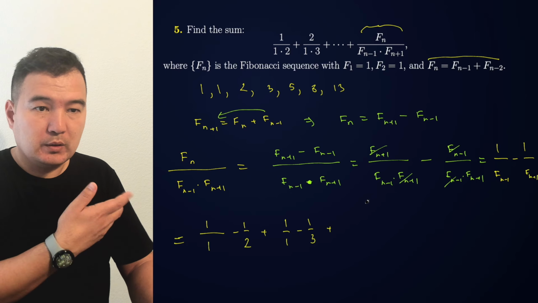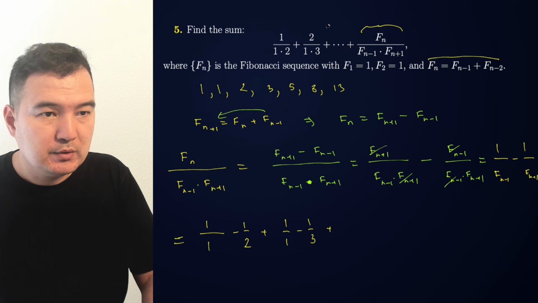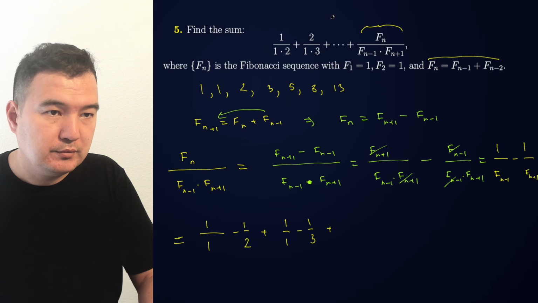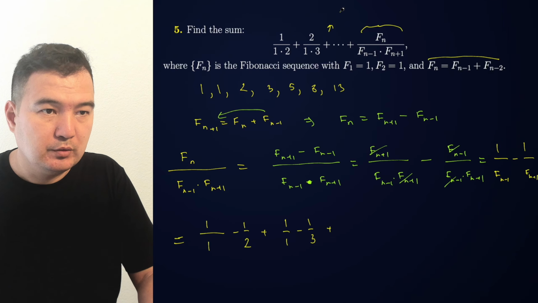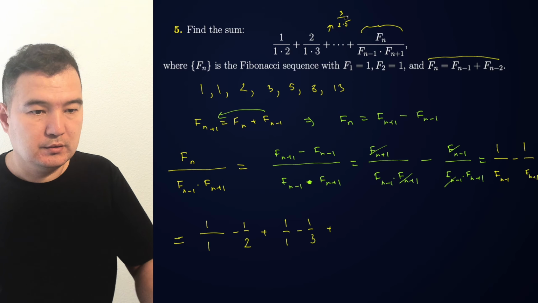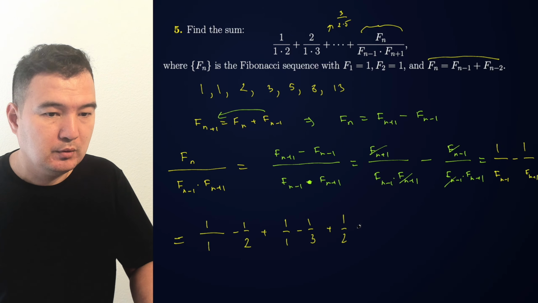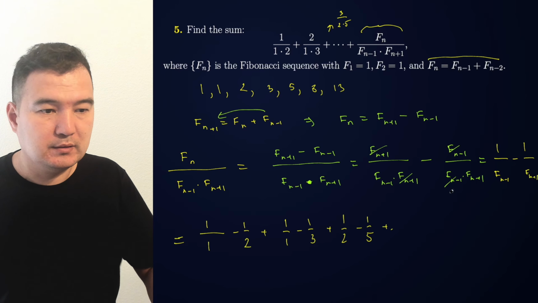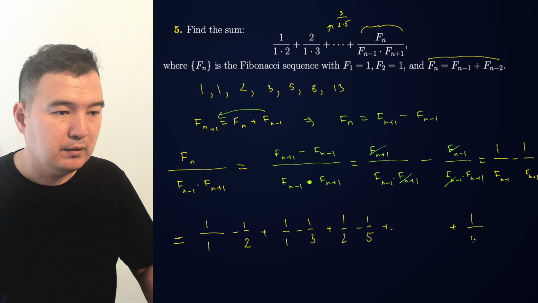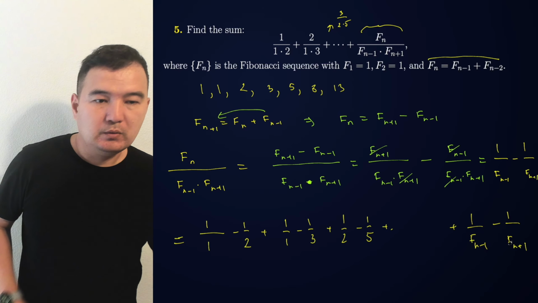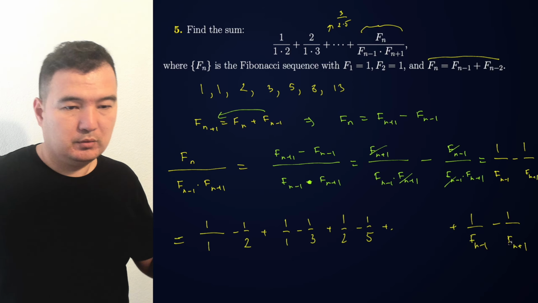And then the next term should be the next Fibonacci term, so the next one is going to be 1 over 2 minus 1 over 5. And so on. The last term I'm going to write as 1 over Fn minus 1, minus 1 over Fn plus 1. Now you can see there are some terms that are going to get cancelled.